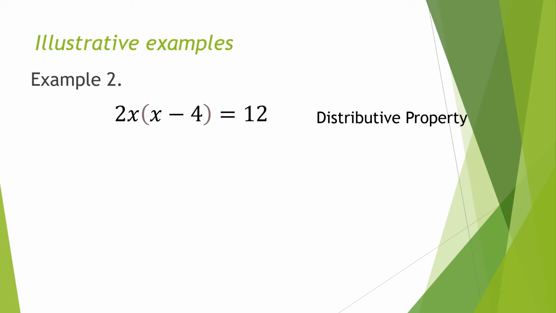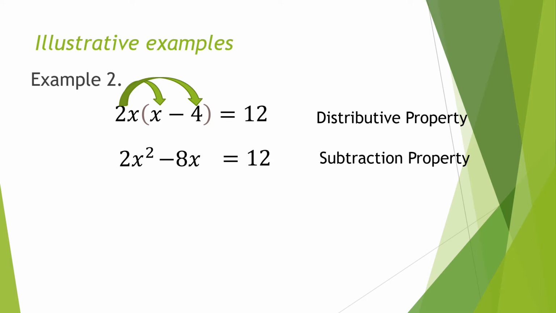So we have 2x times x, that is 2x squared, and 2x times negative 4, that is negative 8x, is equal to 12. After applying the distributive property, to make one side of the equation 0, we will apply the subtraction property. Let's subtract 12 from both sides of the equation. So we have 2x squared minus 8x is equal to 12 minus 12.